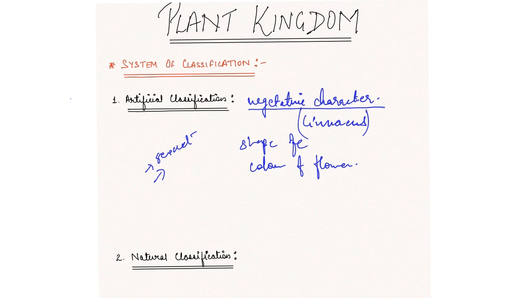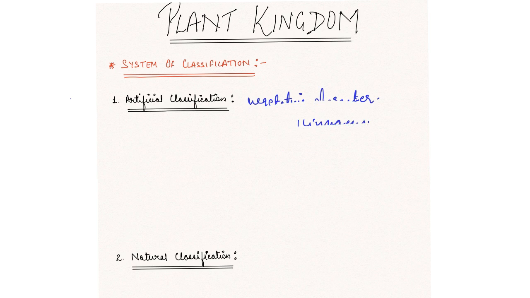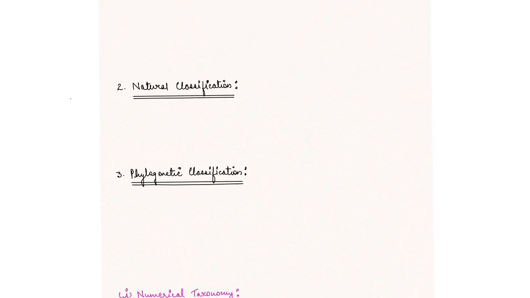So say if I compare two very different types of plants just because their flower color is white, this is basically a very wrong method of classification, right? So that is why this is not considered a good method of classifying or dividing species. And that is where we introduce the next method of classification, which is natural classification, right?